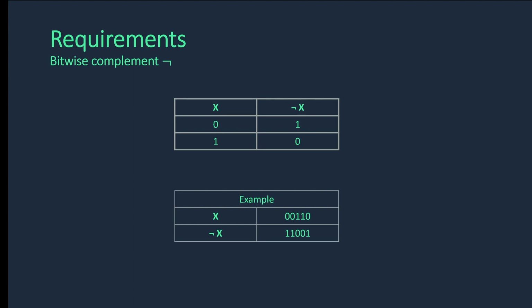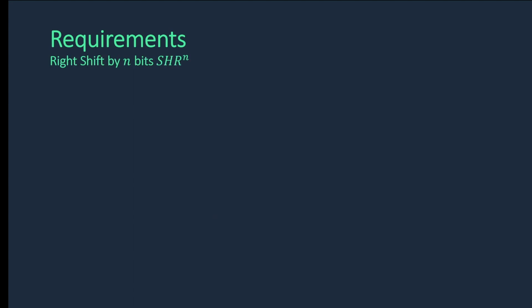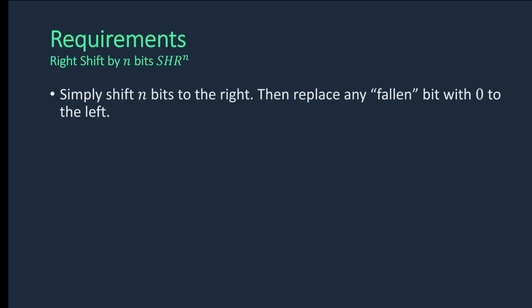Next, we need to be familiar with the right shift operation and the right rotation. These are kind of hand-wavy definitions, so it helps us better understand the algorithm later on.